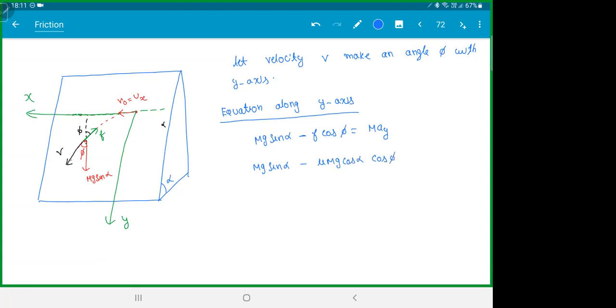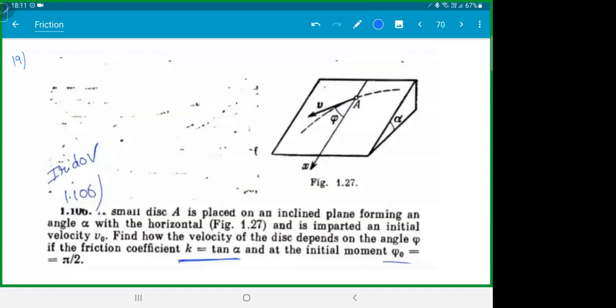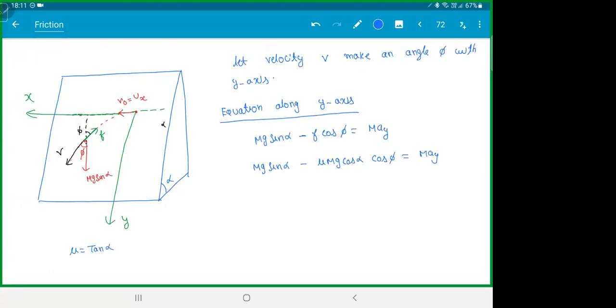This is cos phi is equal to ma, and it is also given mu is equal to tan alpha. And the question it is given as k, but there is mu, same thing. So substitute mu here, you end up with mg sine alpha minus mu will be tan alpha, that will be sine by this. So this will be mg sine alpha into cos phi.